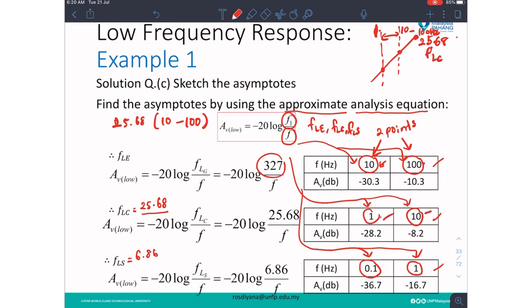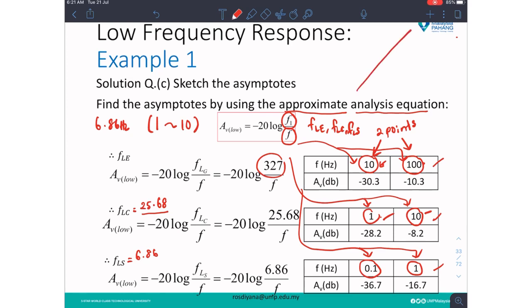Take a look at another example, the FLS. The FLS is 6.86 Hertz, so it is in the range from 1 to 10 Hertz.